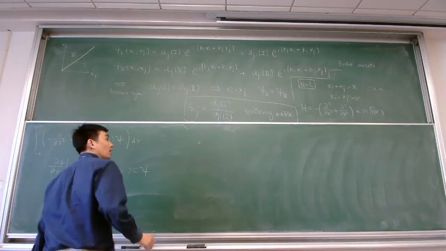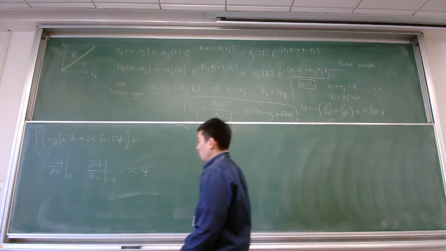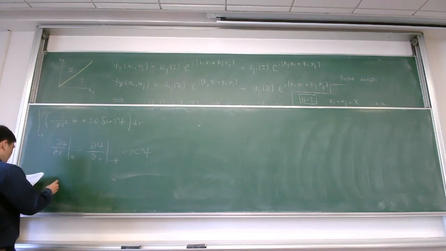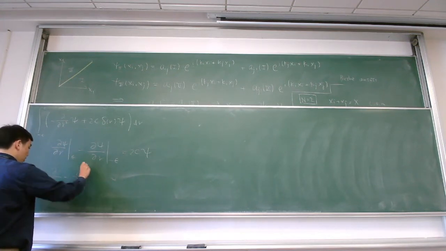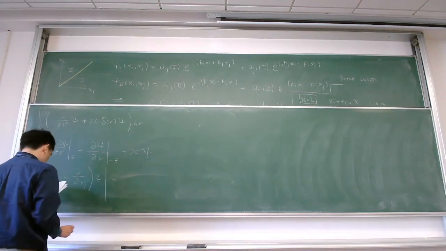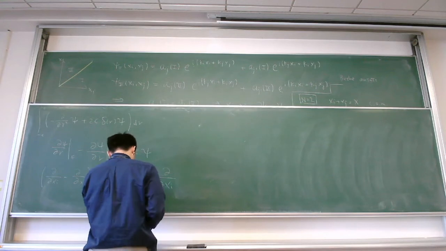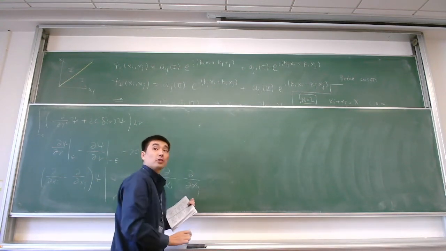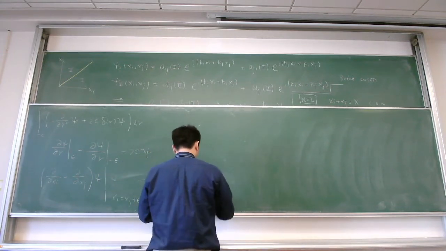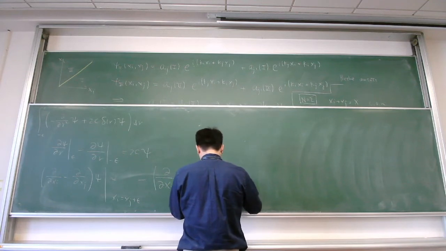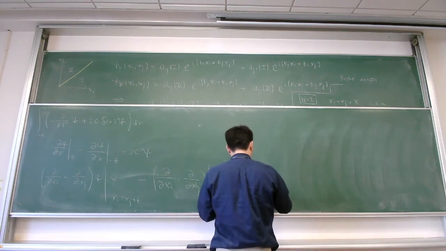Anyway, going back to the original equation, it becomes the following: the derivative with respect to xi minus the derivative with respect to xj acting on psi, at xi equal to xj plus epsilon, minus the same at xi equal to xj minus epsilon, is equal to c times psi at xi equal to xj.